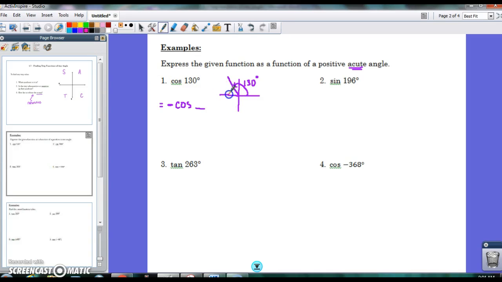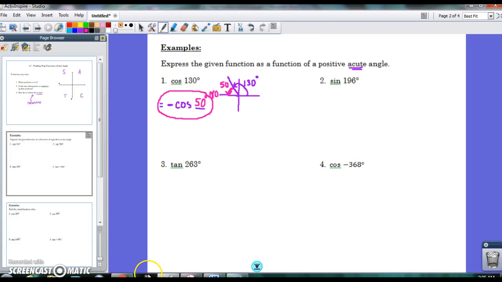So I want this distance right here. This is how far I am from the x-axis. If this is 130 degrees, remember all the way over to here is 180 degrees. So this reference angle would be 50. So my answer here is just negative cosine of 50 degrees. That's the answer that I'm looking for.